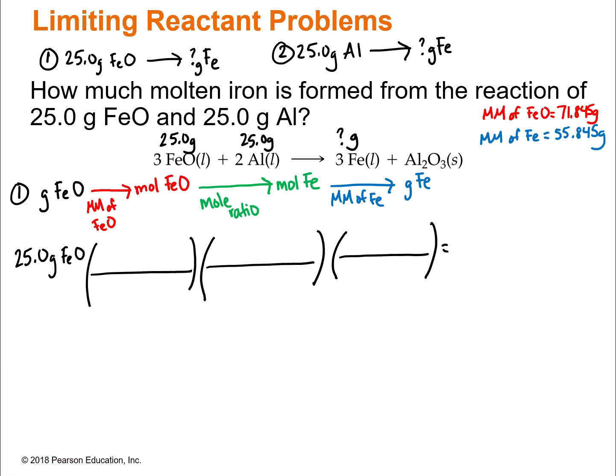Starting with the molar mass, we need to get to moles of iron 2 oxide. Then we need a mole ratio.